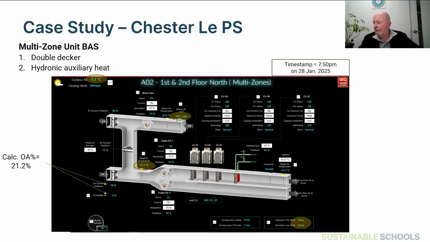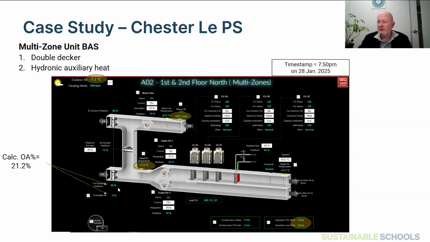We looked at the runtime down there before. Mark just quickly ran the percentage outside air calculation based on the outdoor air temperature, the mixed air temperature, and the return air temperature. So the unit at that time was running about 21% outside air, and the damper was set at about 28% outside air, and we know that relationship.